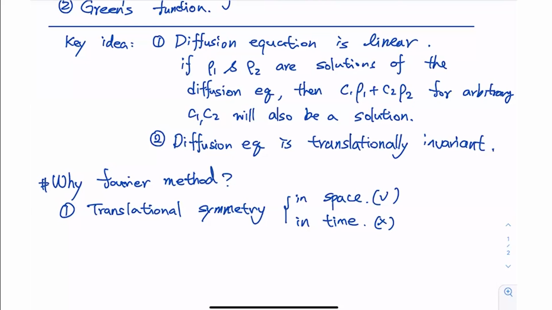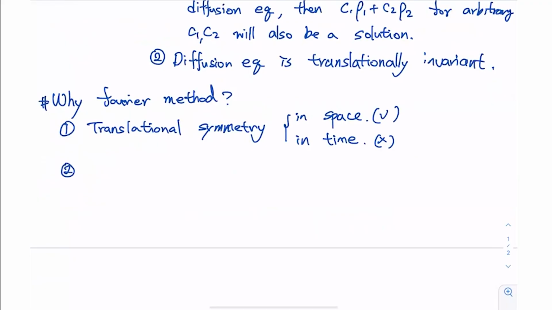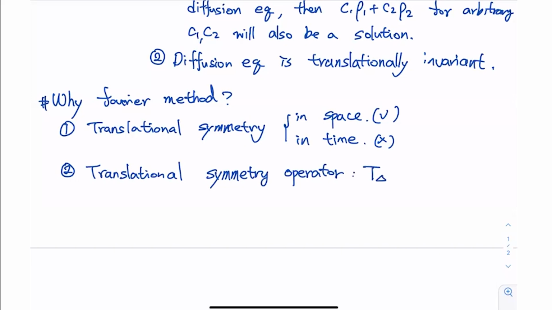So let's try to make our problem more precise by formulating some of the operators related to the translational symmetry. Let's define the translational symmetry operator to be T delta. It just means that you shift your system by an amount delta.